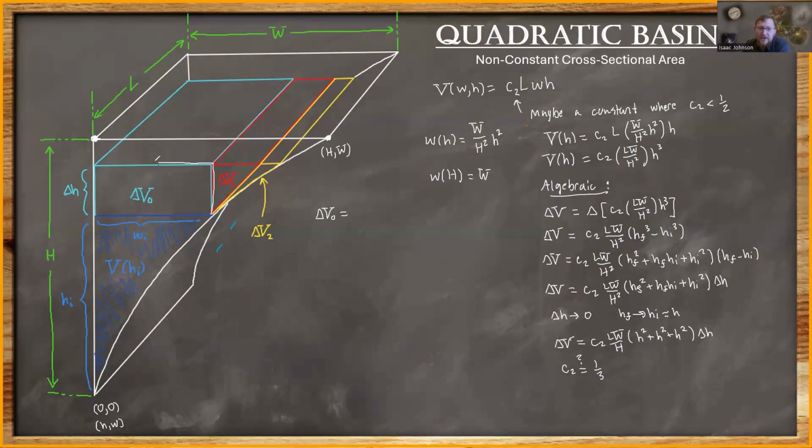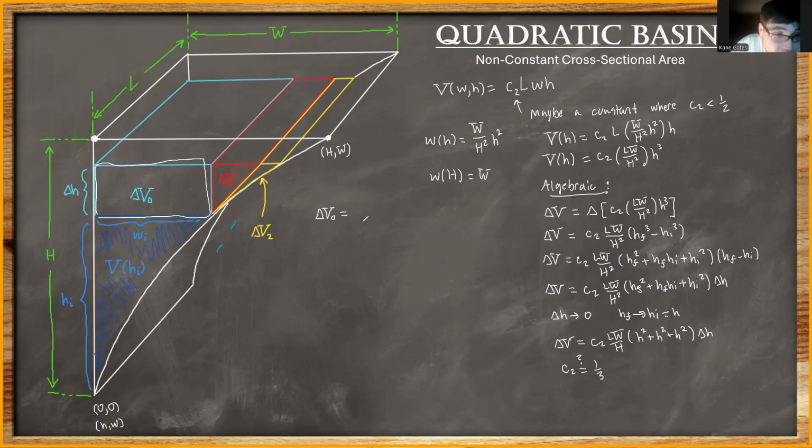Well, we're just dealing with a rectangle. So what's the area of this rectangle? Right there, delta h times w. And then it's got the length of L that doesn't change. So we've got length times w times delta h.